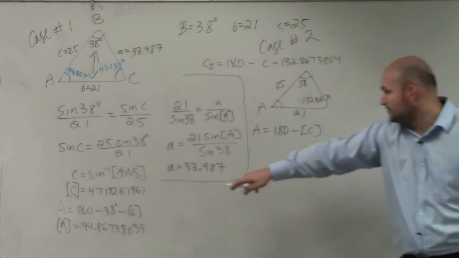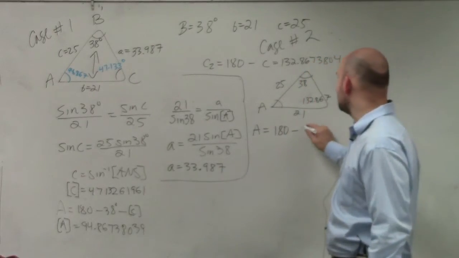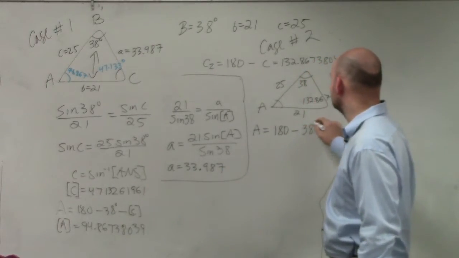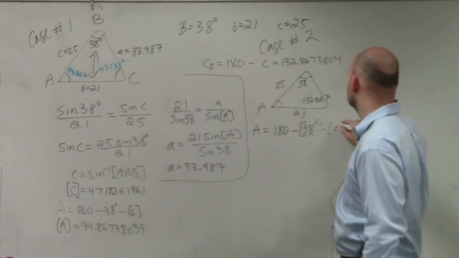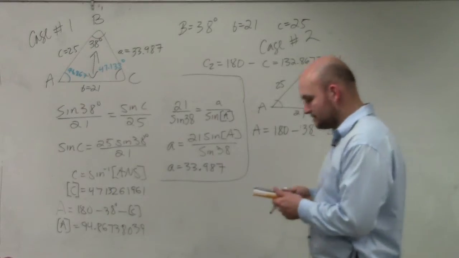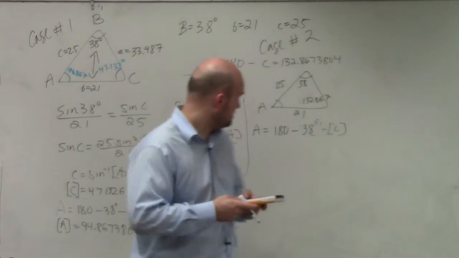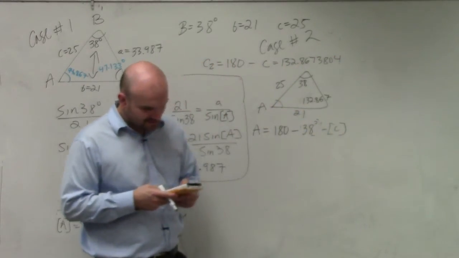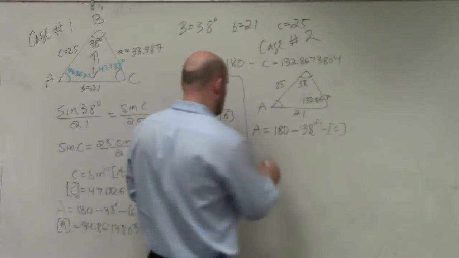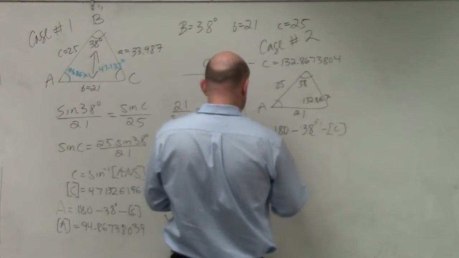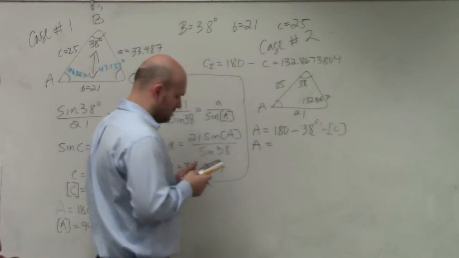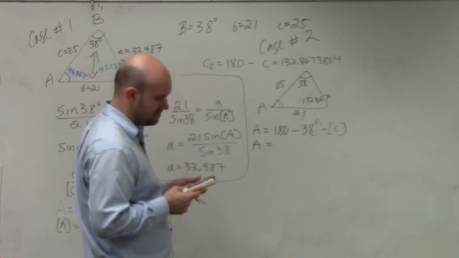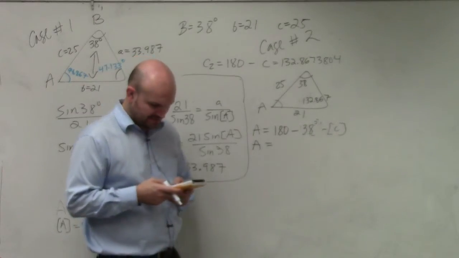I already did that over there, but I'm going to do that one more time with my new C. So I do 180 minus 38 minus alpha C. And I get my new A is, that's not right. Oh, I'm sorry, I didn't store that.